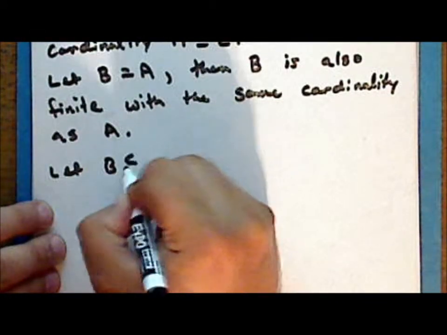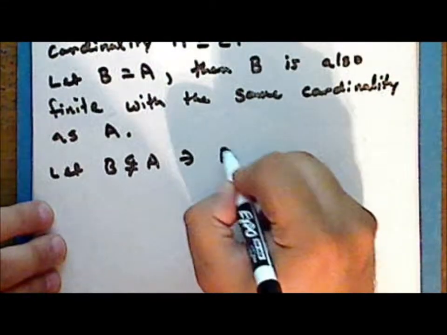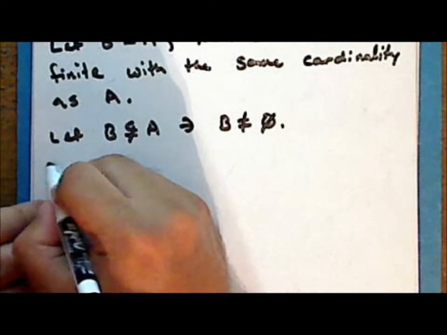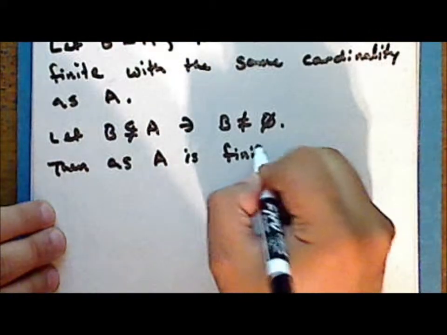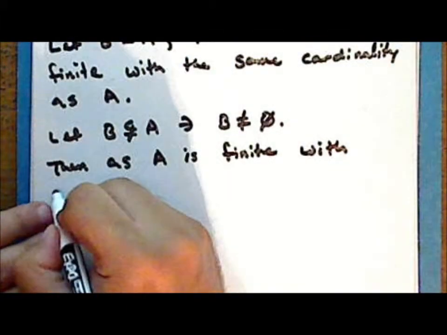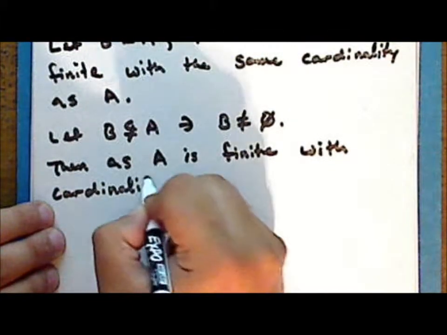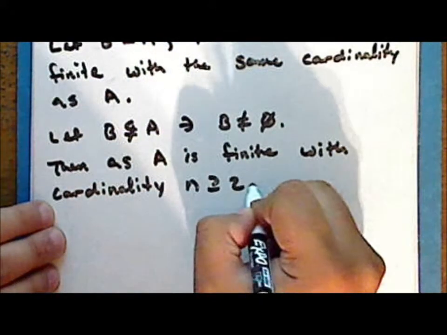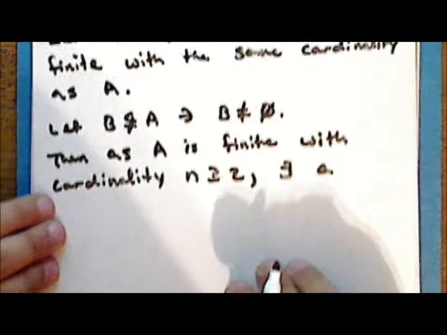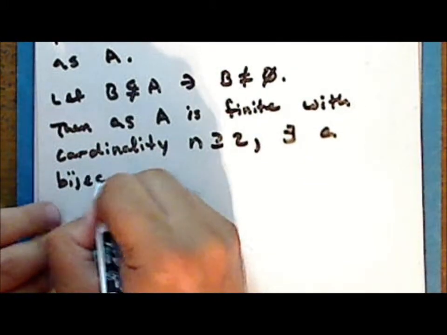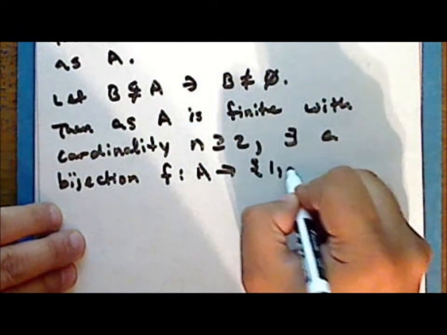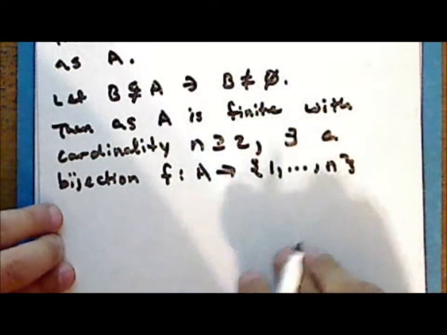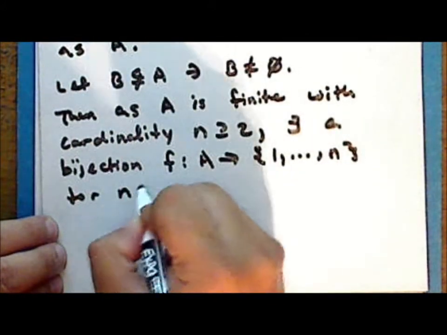Now let B be a proper subset of A that is non-empty, then, as the set A is finite with cardinality n greater than or equal to 2, there exists a bijection which we'll call F from the set A into a finite subset of consecutive positive integers from 1 to n for n greater than or equal to 2.